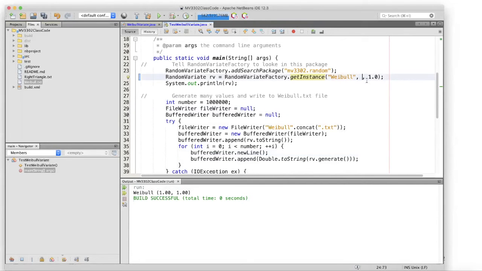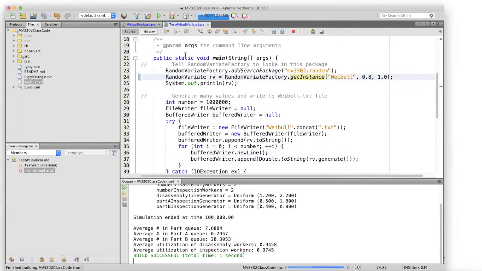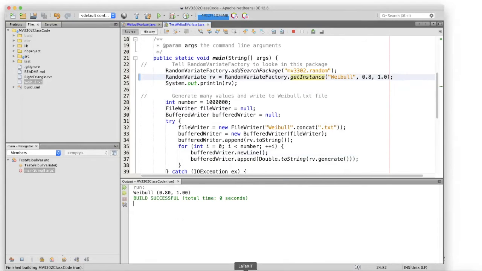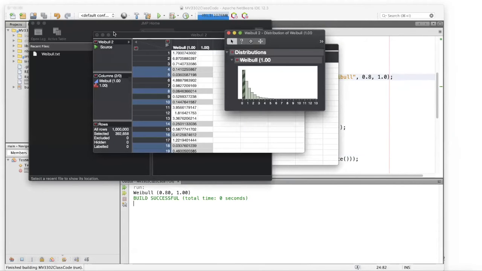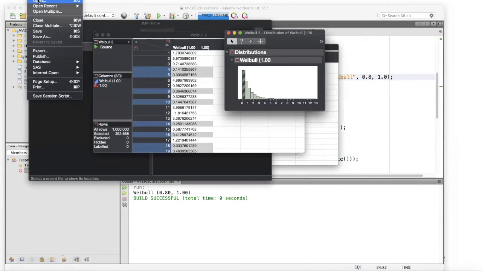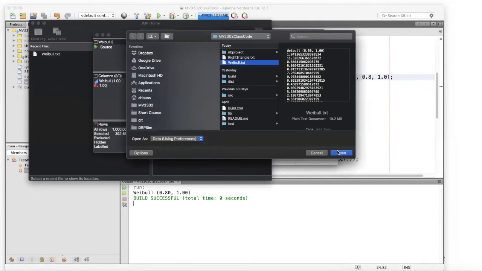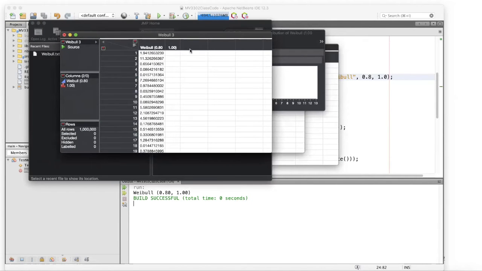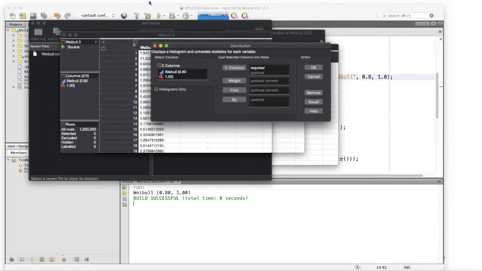Okay, so now let's have a shape parameter that's less than 1 and see what that does. And so now with the shape parameter less than 1, here's the Weibull again. Okay, so again, let's analyze the distribution.